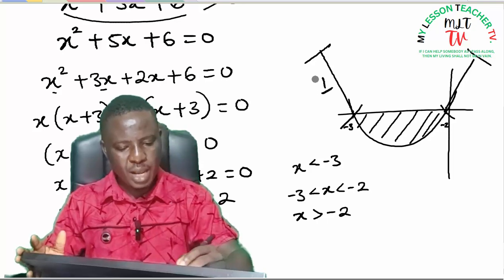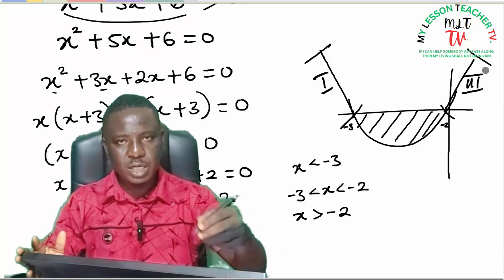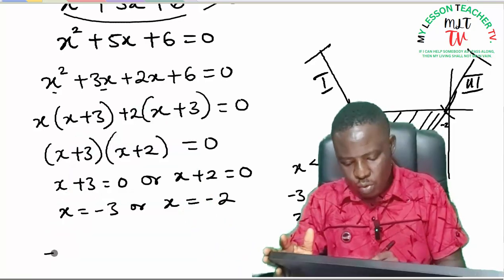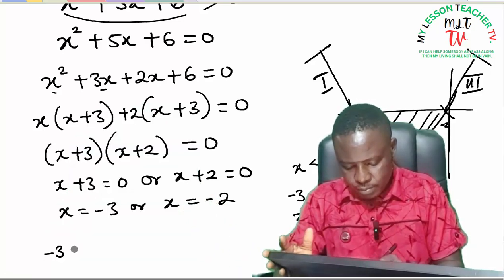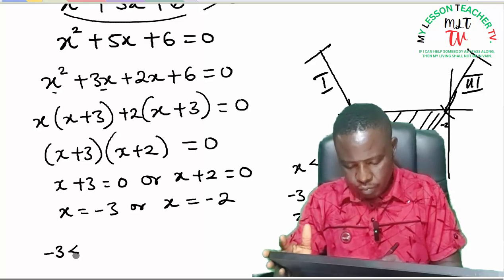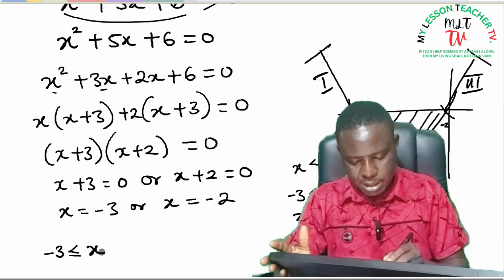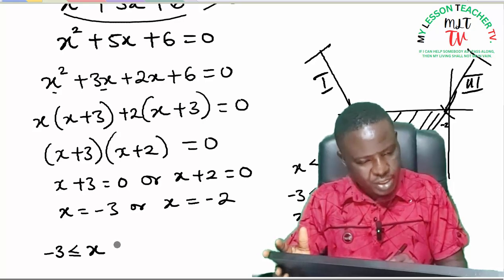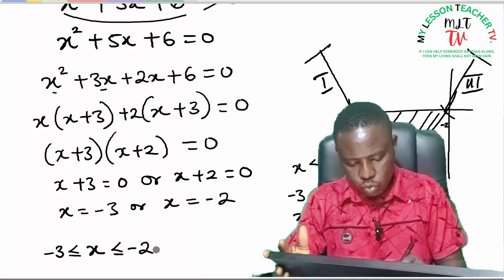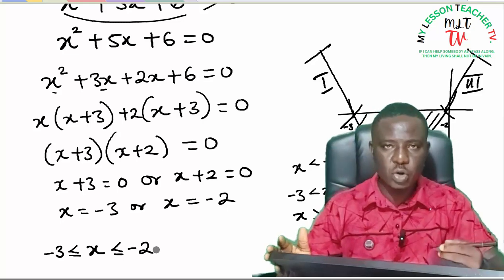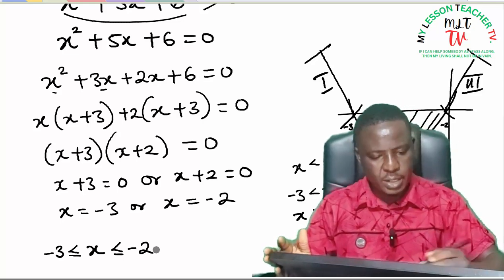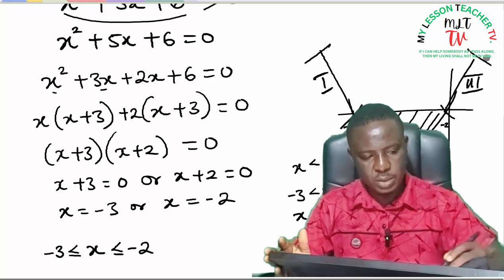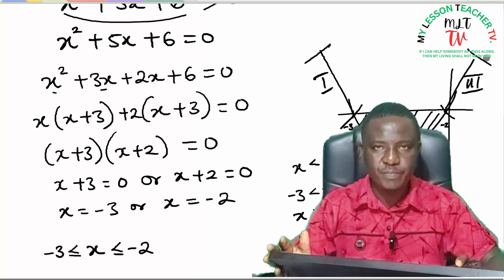So region 1 and region 3 are the solution of the inequality, where we have it that x is less than or equal to minus 3, and x is greater than or equal to minus 2. So this gives you the solution of the inequality, which is at region 1 and region 3.